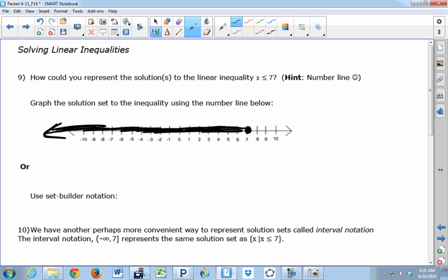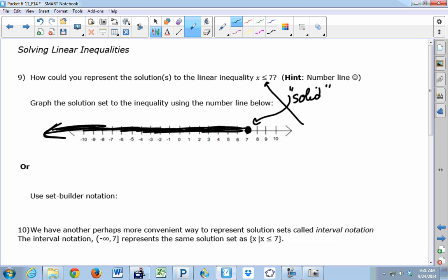Okay, which isn't a number, it's a concept. All right, so why did I do a solid dot? Why is this solid? Right, because of that little equal to 7. X, to make that inequality true, I could put any number in that's less than or equal to 7. If I put a 7 in there, it's true.